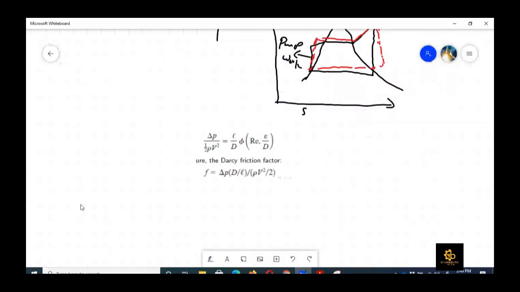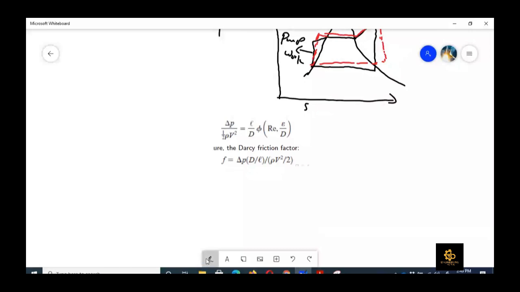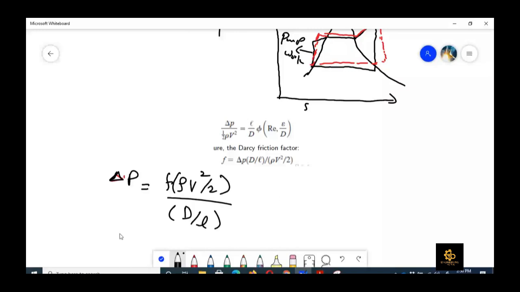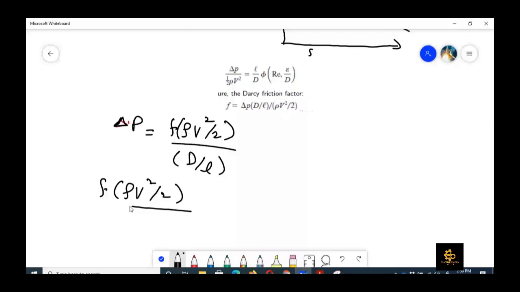Now from the second relation, we can show that delta p is equal to f into rho v square upon 2 divided by d upon l.